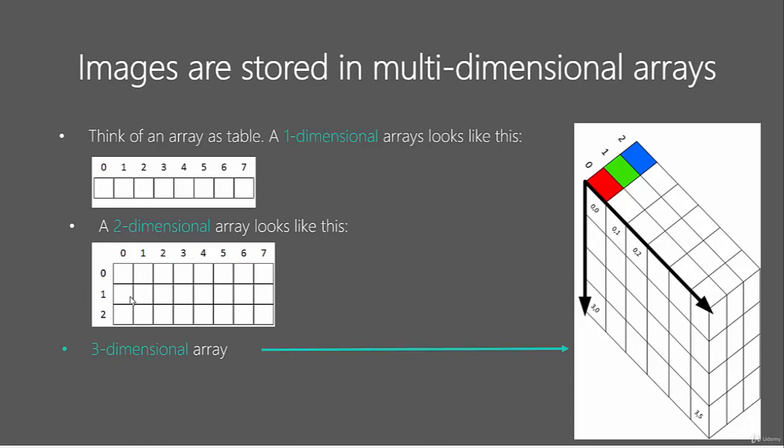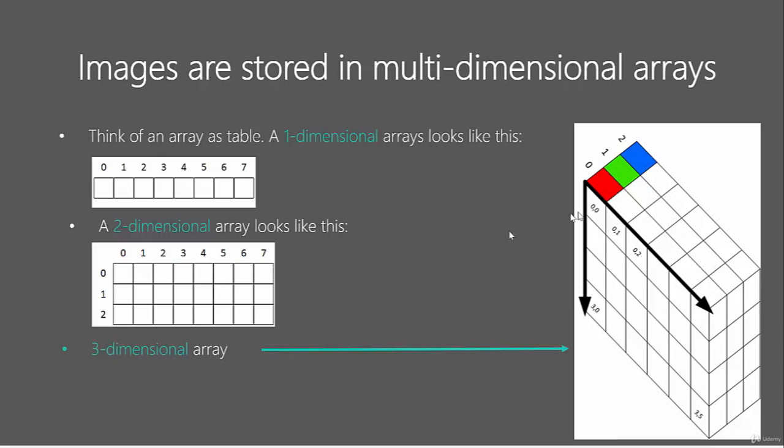So now we move on to three-dimensional arrays, which is what we use in OpenCV to store images. In a three-dimensional array, think of the same two-dimensional array, but with layers of stacks behind them. So as you can see, in this first stack here, we have the red values, then behind it the green values, and blue values, and so on.